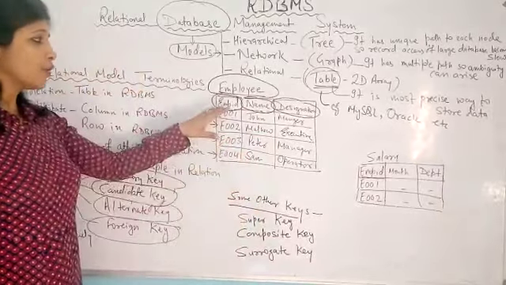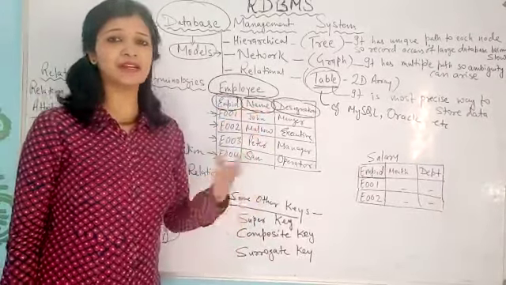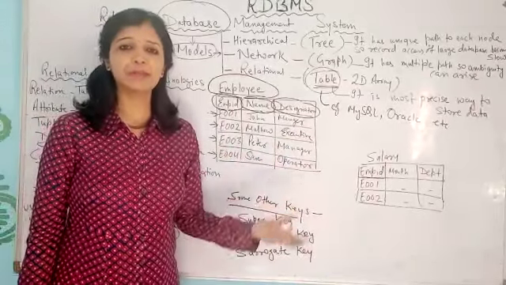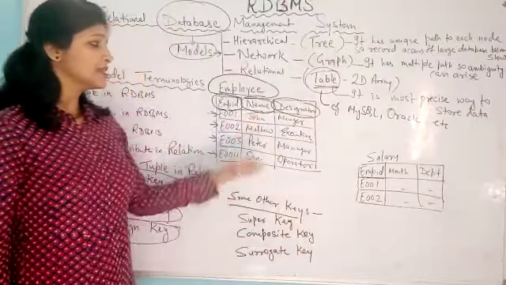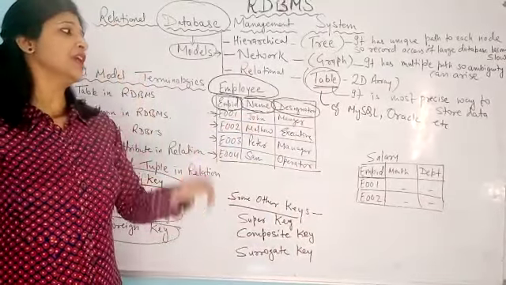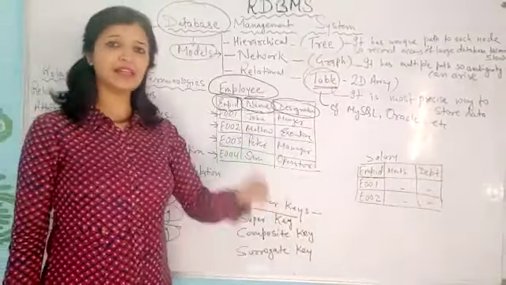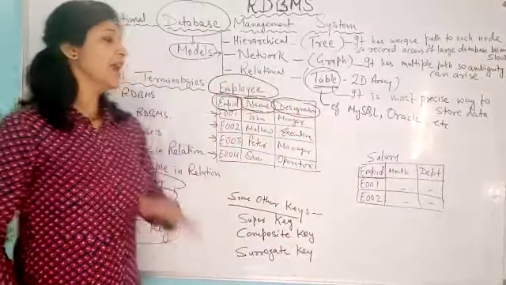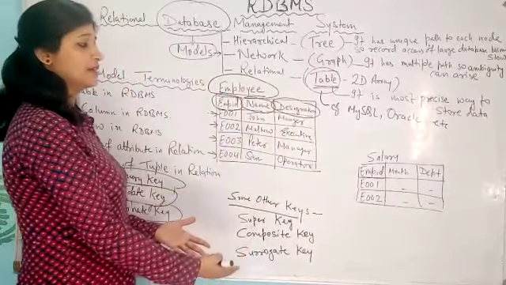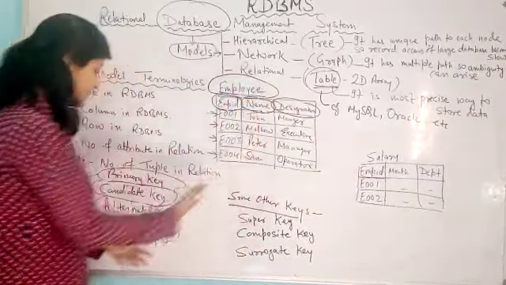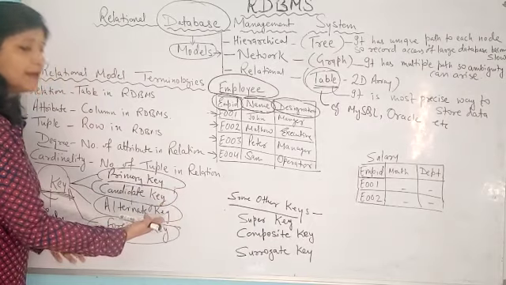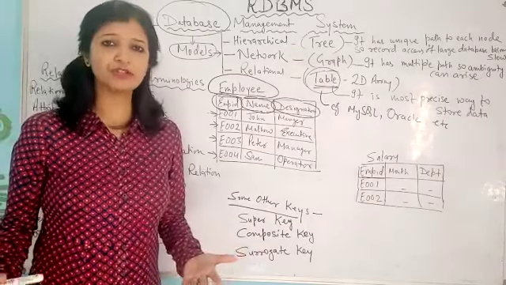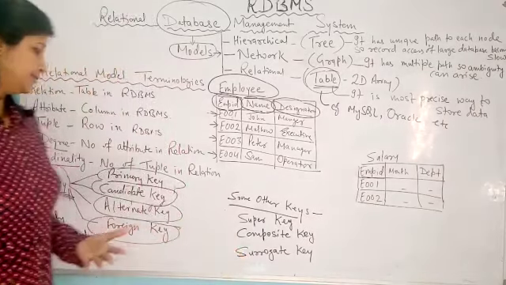So here both EMPID and name are candidate keys. A single table might have multiple candidate keys, but there is a requirement of only one primary key. So among these candidate keys, one key is taken as the primary key, and the rest of the candidate keys are considered alternate keys. Alternate keys are those candidate keys which are not chosen as the primary key.